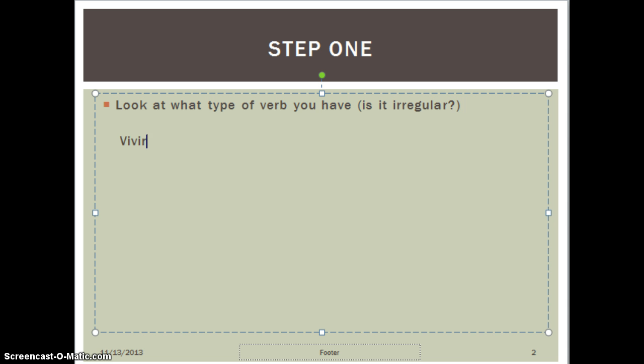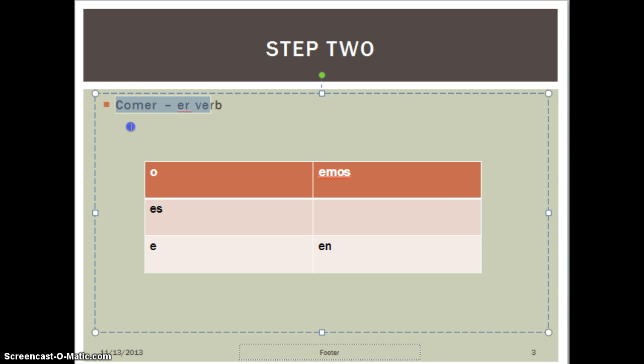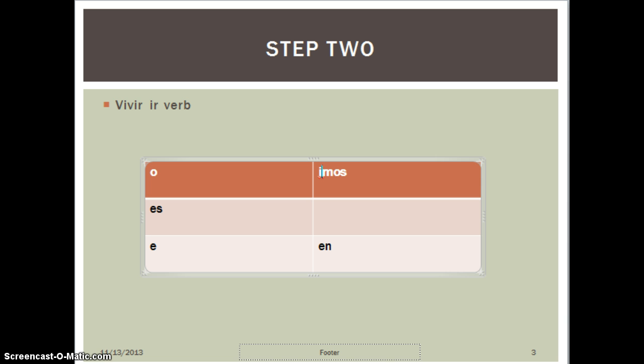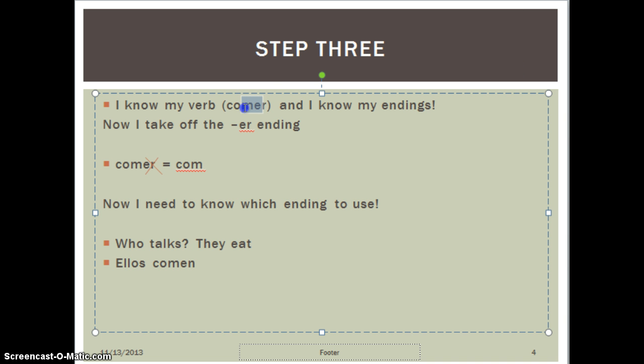Now we're going to go back and do an IR verb. We're going to use vivir just because it's easy and it's very regular, okay? Vivir. Now, vivir is not an ER verb. Vivir is an IR verb. So my endings for IR verbs are really similar to ER. The only change I need to make is to my nosotros form. I go back to step three. I know my verb is going to be vivir, and I know its endings.